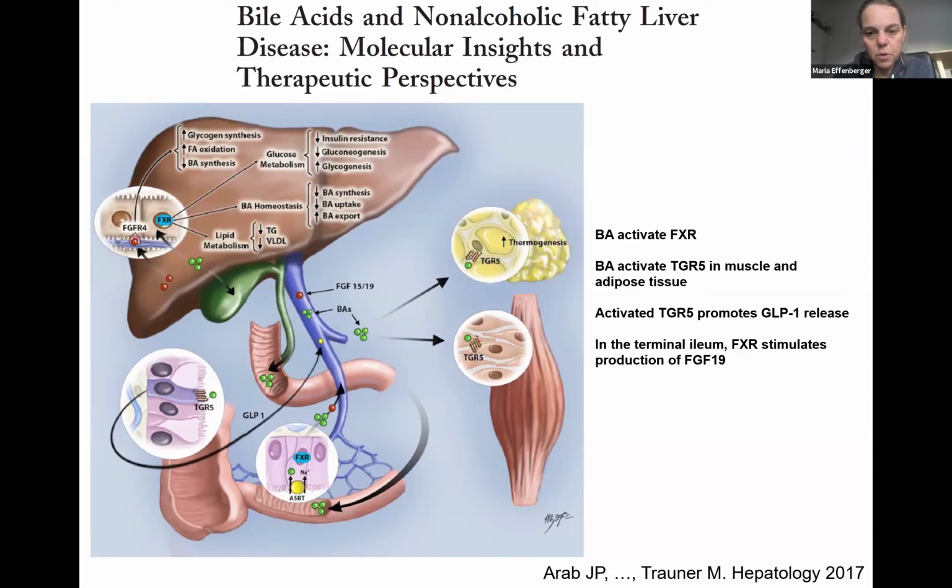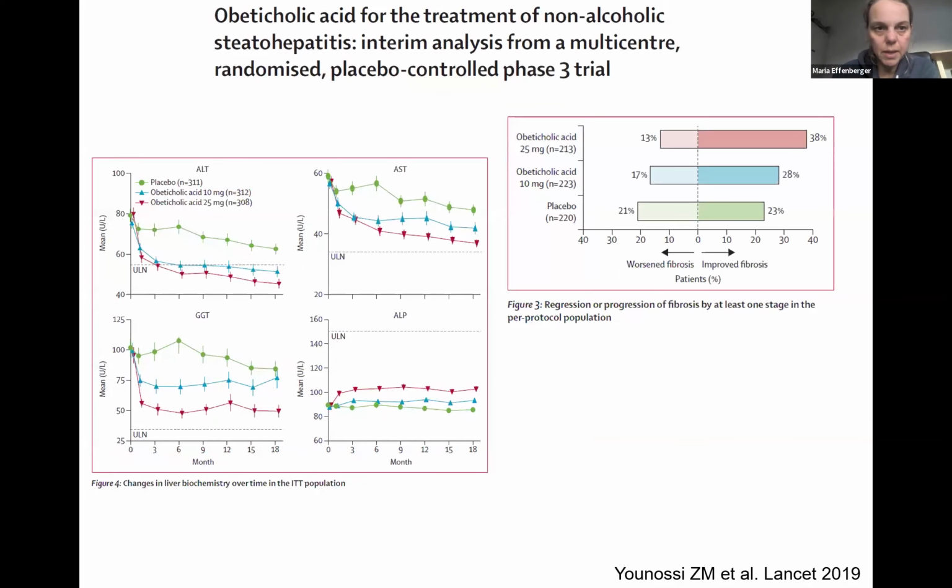And FXR stimulates, on the other hand, FGF19 in the terminal ileum. And FGF19, I think, is one of the major fibroblast growth factors and one of the major players in metabolic diseases. So you can see that by changing the liver via the metabolic pathway, they influence the microbial composition and interact with the gut, and therefore increase inflammation in the human body.